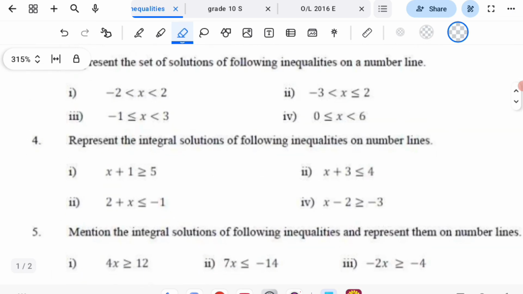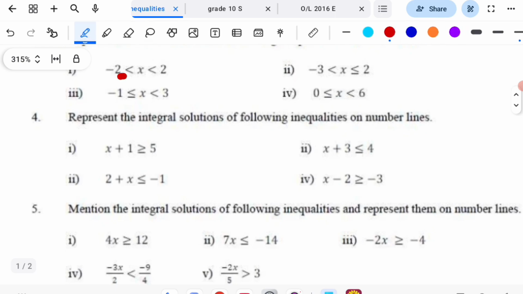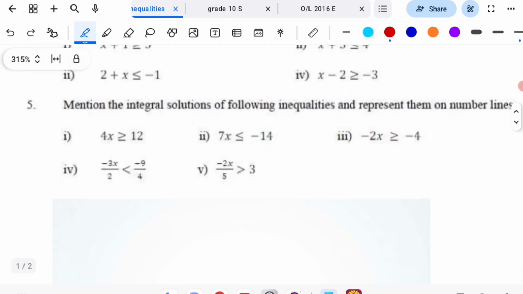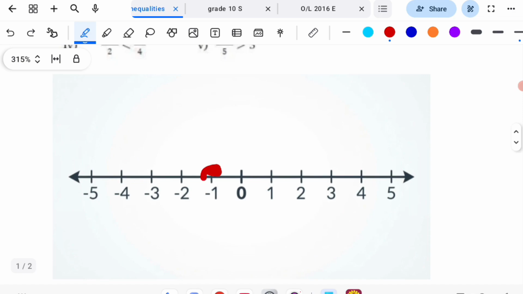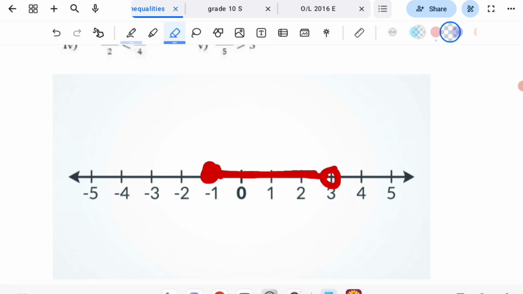In part 3, x is greater than or equal minus 1, less than 3. Greater than or equal minus 1, therefore we have to color the point on minus 1, and we have to put a circle on 3. We have to color the corresponding region.